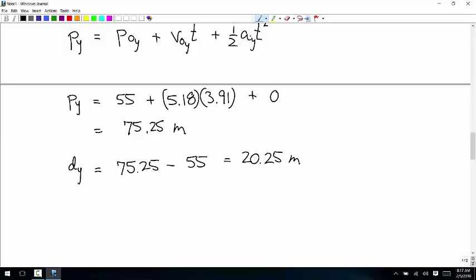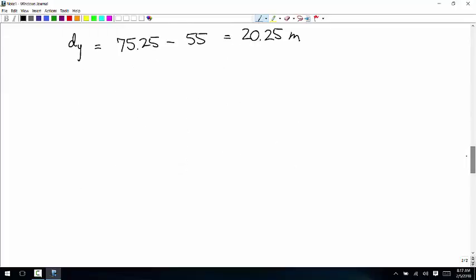Okay, so the next thing we have to talk about in 2D kinematics is relative motion. Relative motion is a lot more useful in 2 dimensions than in 1 dimension.